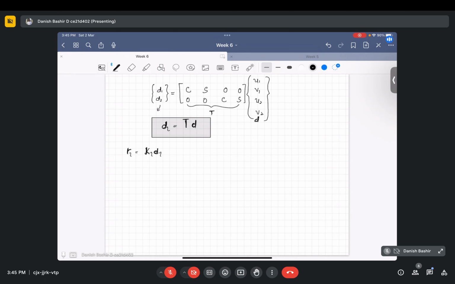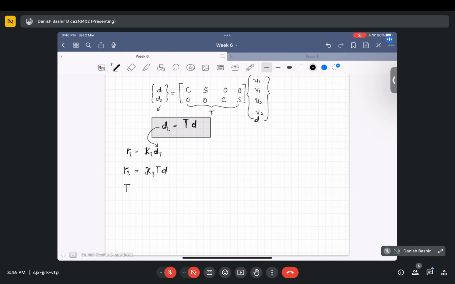So DL we can take to be T D. So RL will be equal to KL T D. What we do is on both sides we multiply by T transpose.